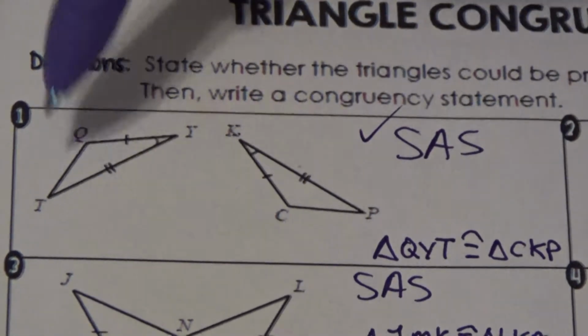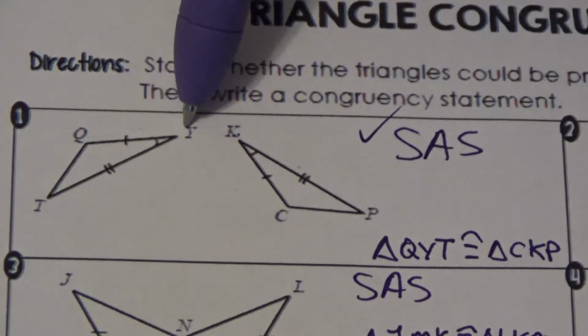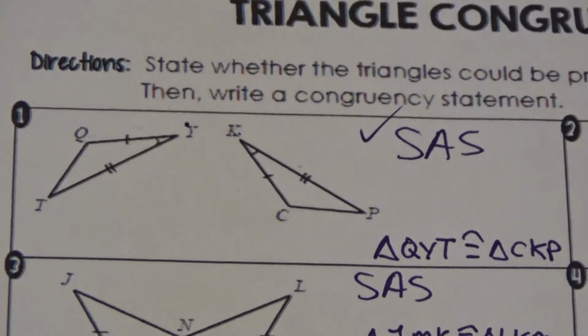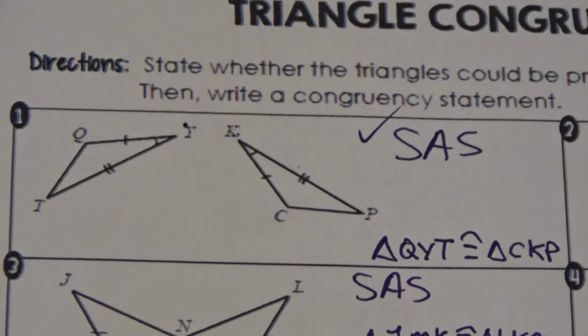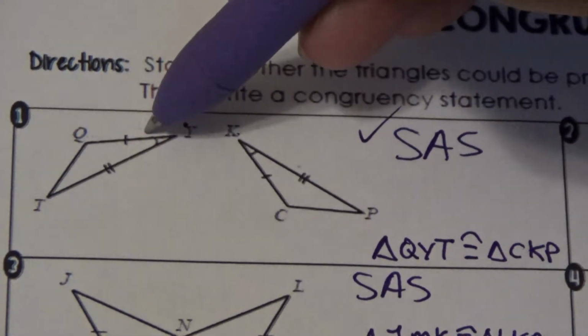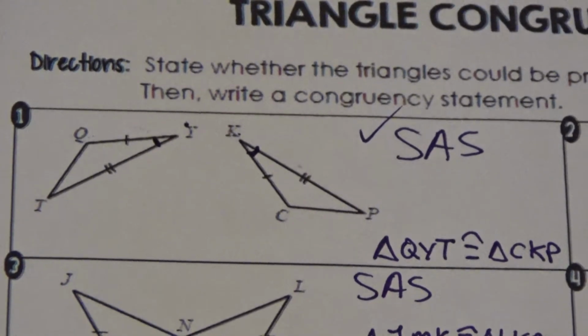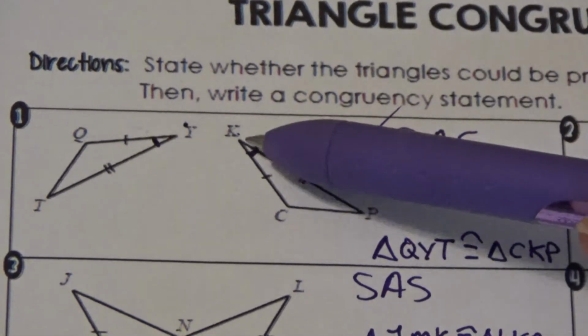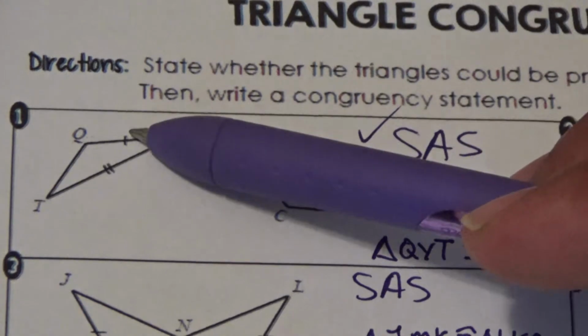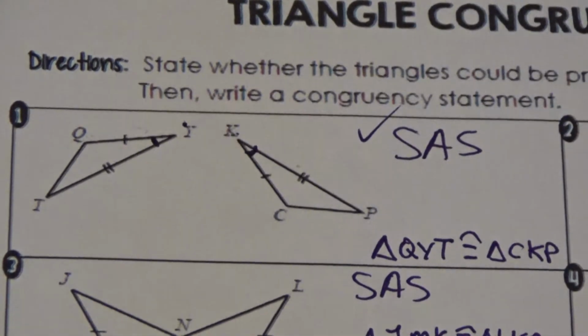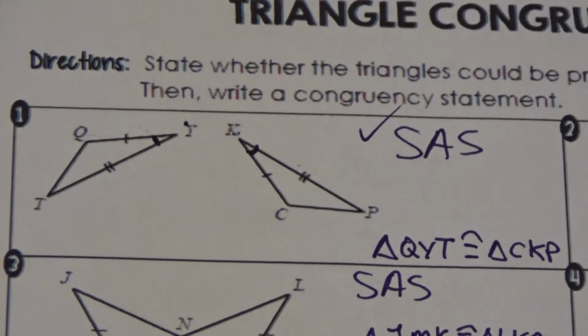I also got side TY that is congruent to side KP. And we also get one included angle right there and right there that are congruent. So I got side, angle, side. They're in consecutive order, right next to each other. So I can say that triangle QYT is congruent to triangle CKP.